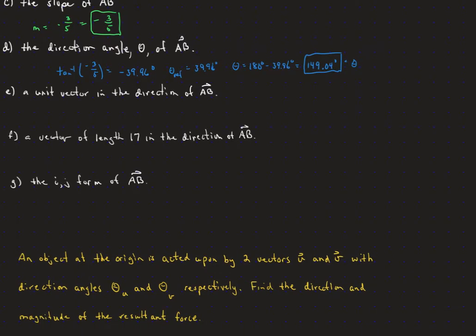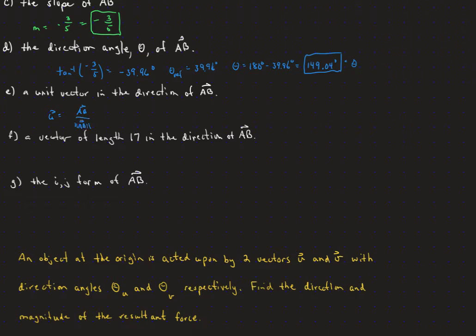So now we want a unit vector in the direction of AB. So remember, in general, a unit vector is going to be our vector AB divided by its magnitude.